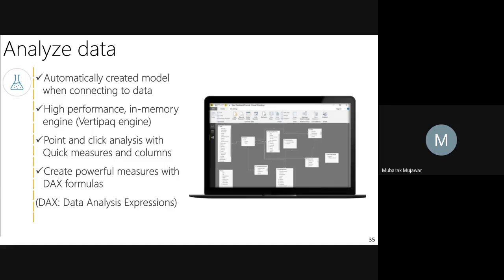Then we can also create expressions in M language, like we have C language, we have M language. And by using these DAX expressions, we can create formulas to connect or analyze the data.